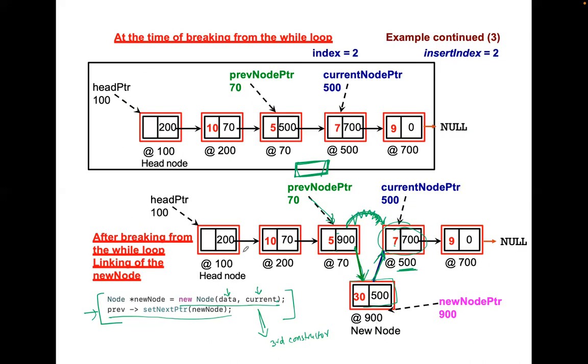Let me ask you one thing. In this insertion, what are we actually doing? We first create the new node with the pointer current, and then we set the next node pointer of previous to the new node.